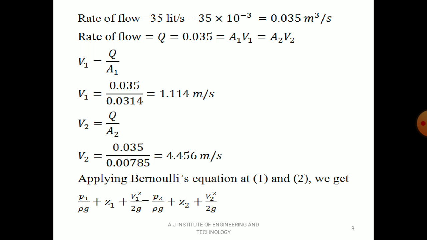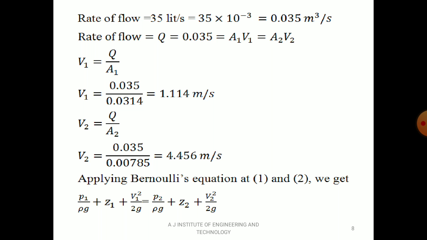Now this is very important. We are supposed to find P2 in terms of Newton per meter square. That can be obtained by applying Bernoulli's equation at section 1 and 2. Bernoulli's equation is P by rho g plus V square divided by 2g plus z equal to constant.